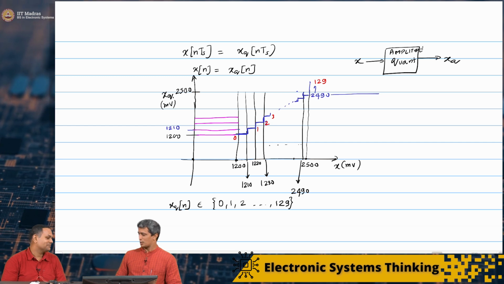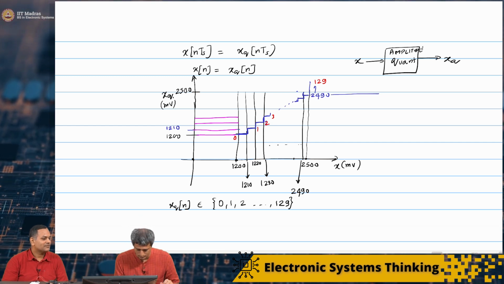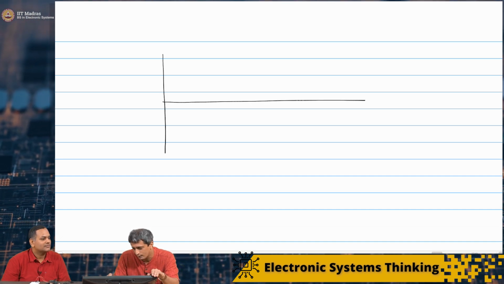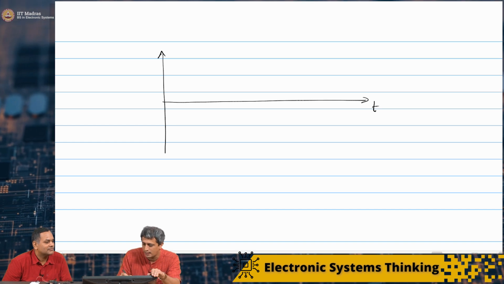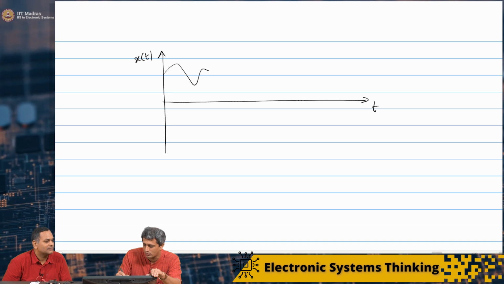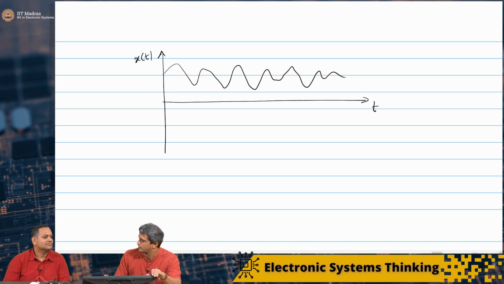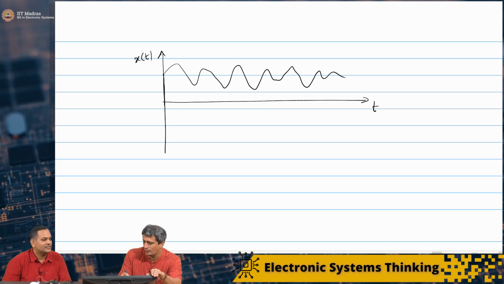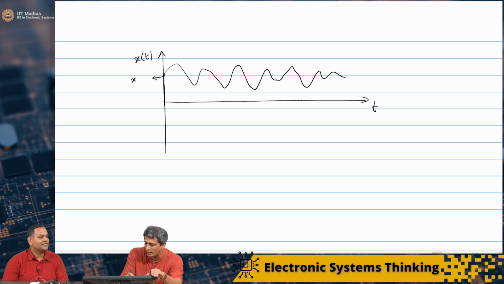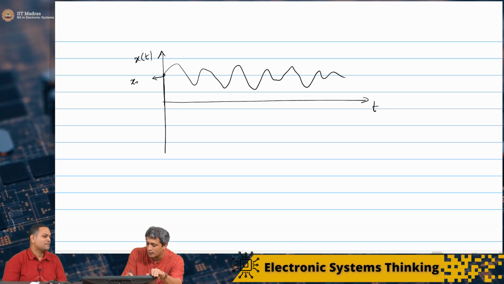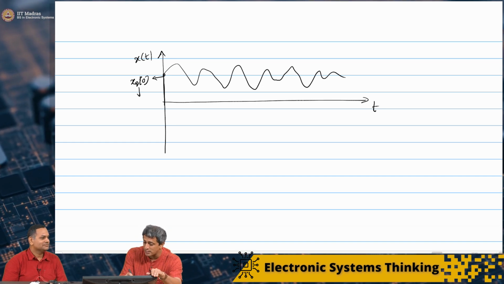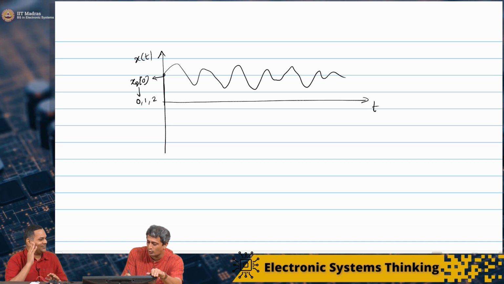If you take that audio waveform, t, and you look at x of t, we discretized in time and got a value, we discretized in amplitude and got xq of 0. And what is this number? This will simply say 0 or 1 or 2 or something.